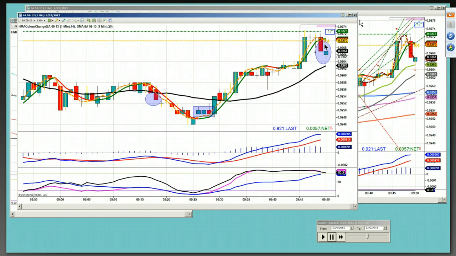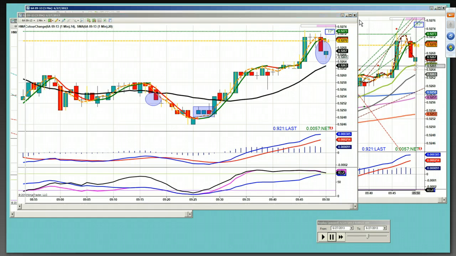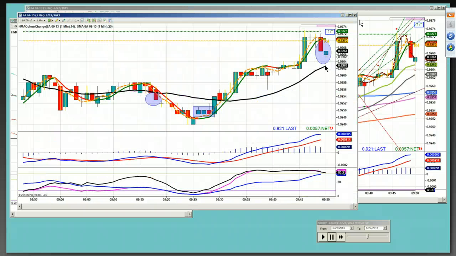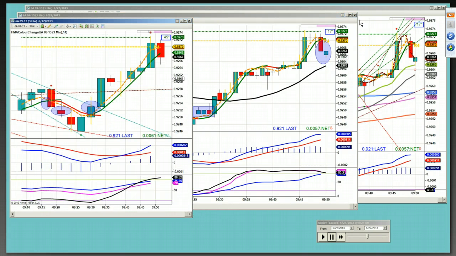So I'm trading between the R4 and the moving averages. I can't expect it to go any further until the 3-minute joins and goes below that HMA.